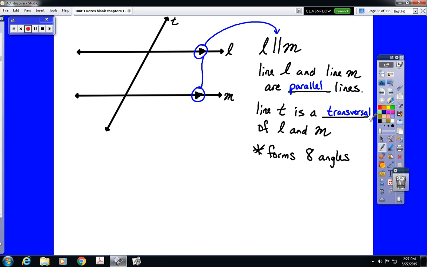That forms a total of 8 angles, which will usually be numbered like this: 1, 2, 3, and 4 at the intersection of T and L, 5, 6, 7, and 8 at the intersection of line T and M. And if you remember, there's an entire chapter of geometry based on this picture, because there are a bunch of terms that relate to those 8 angles and specific locations and relationships within.